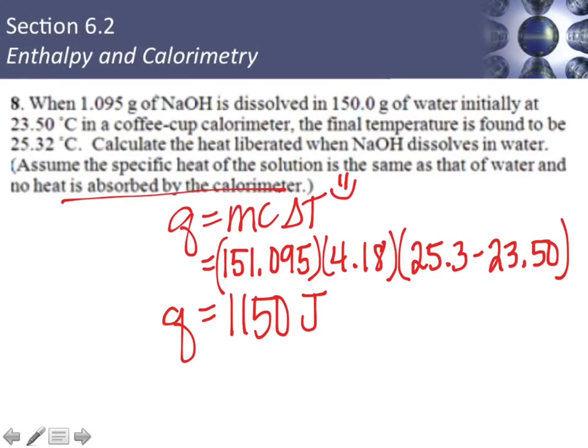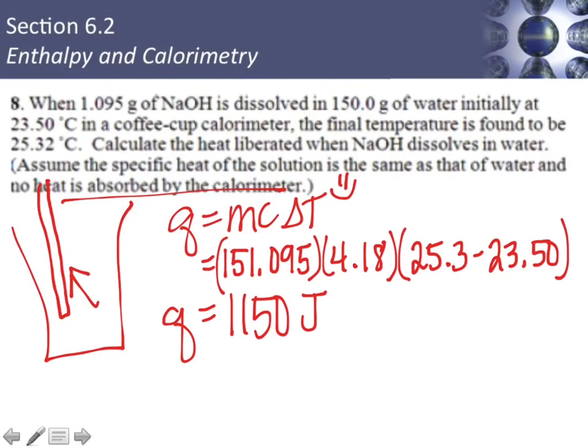Okay, you cannot stop here. That is what is happening. If we have a coffee cup calorimeter and you have your thermometer in there, the thermometer is the one that is absorbing that energy. We want to know what the heat of the reaction is. So you need to take the negative Q to get the heat of your reaction.